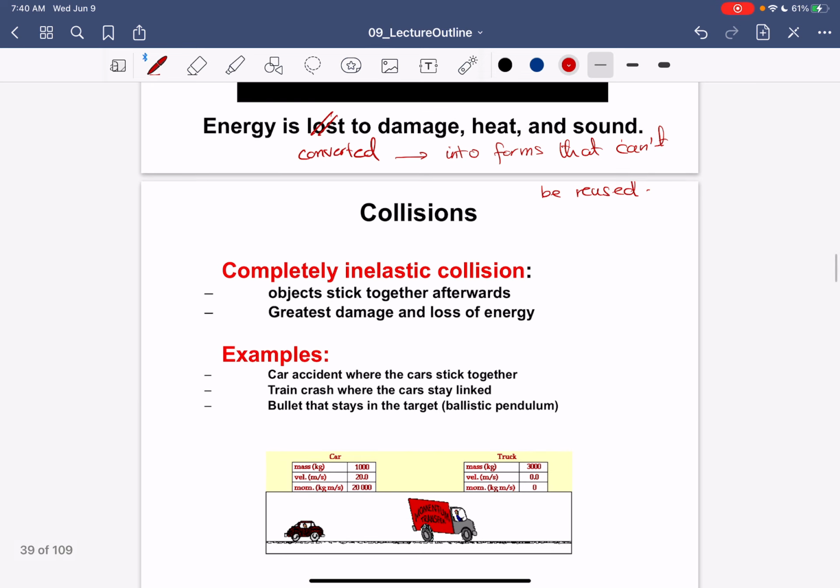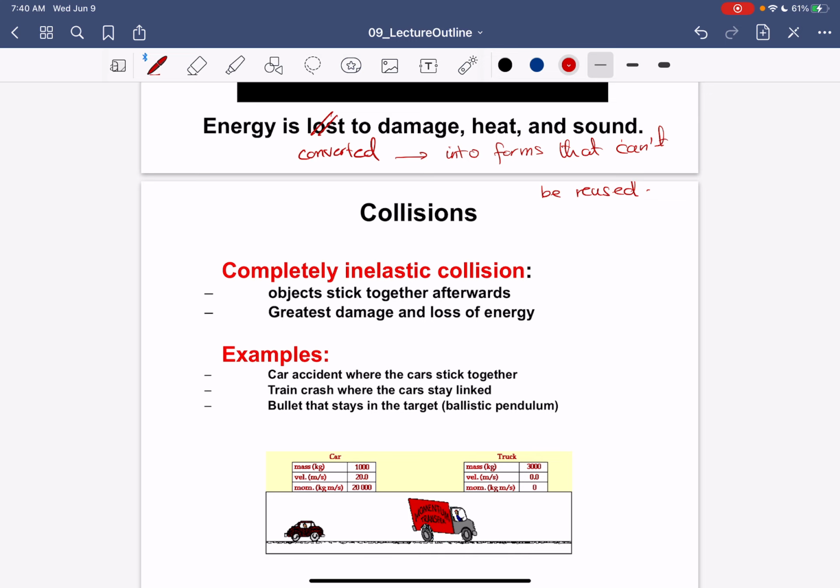Now, there is another type. The elastic collision sits at one extreme, and the completely inelastic collision sits at the other extreme. If objects stick together afterwards, this is the sign that the collision is completely inelastic.